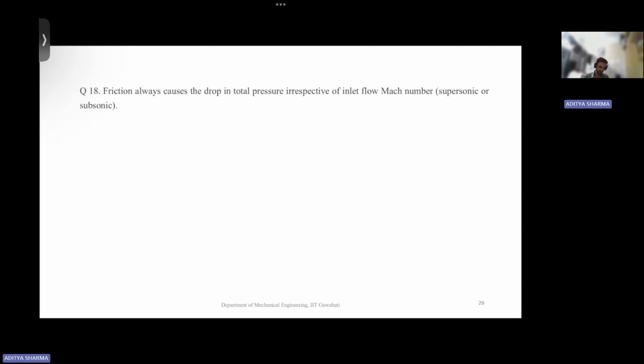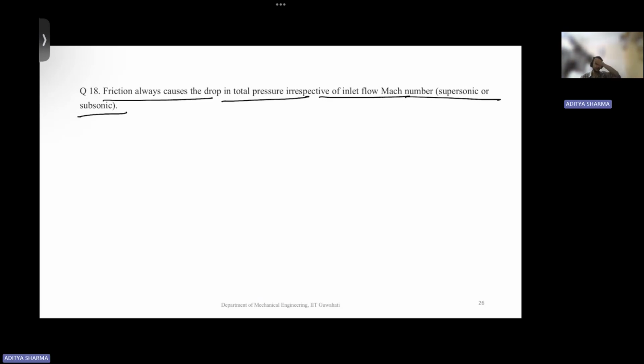So this question here says that friction always causes the drop in total pressure irrespective of inlet flow Mach number. Eighteenth question.